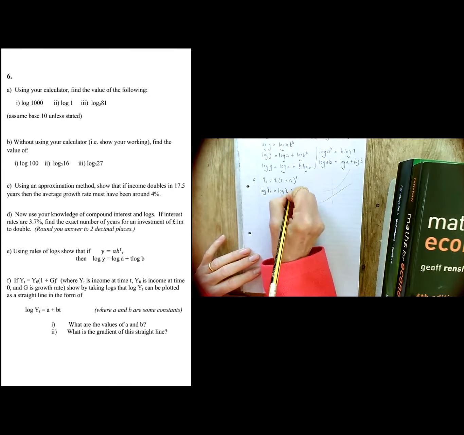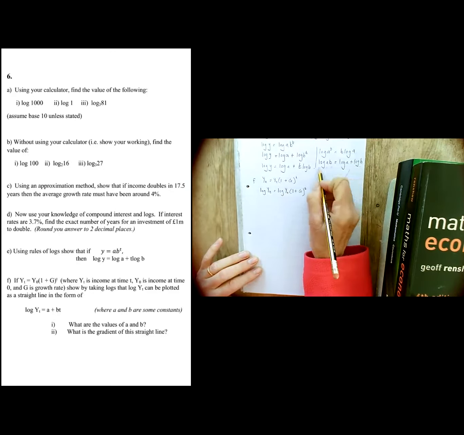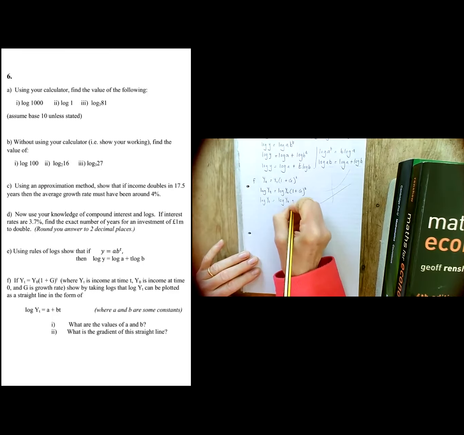So I'm taking logs of both sides. But just like that previous one in part E, I need to separate these out. So I'm going to use the rules of log again. So log y_t equals log of y_0 plus log of (1 plus g) to the t.